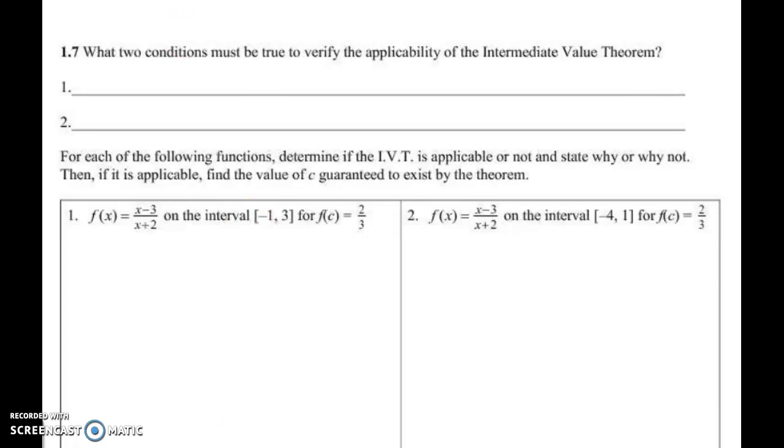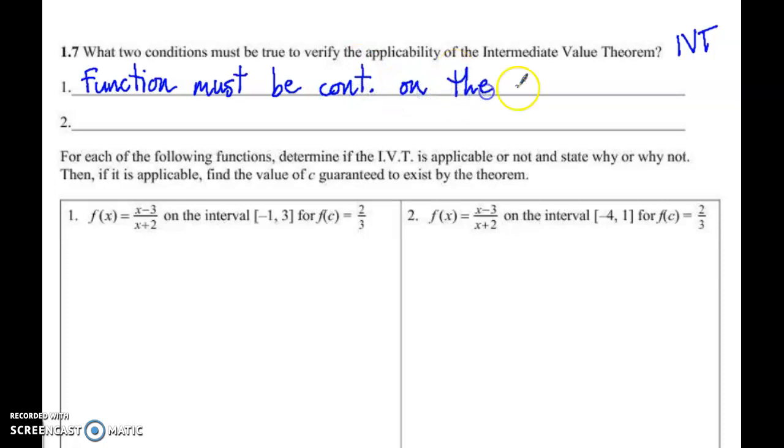Okay, so just a couple things to make sure that the intermediate value theorem applies. Again, get used to seeing IVT: the function must be continuous on the closed interval.